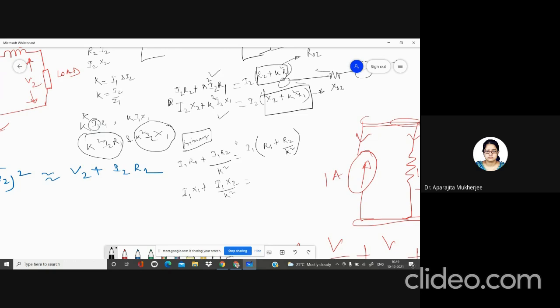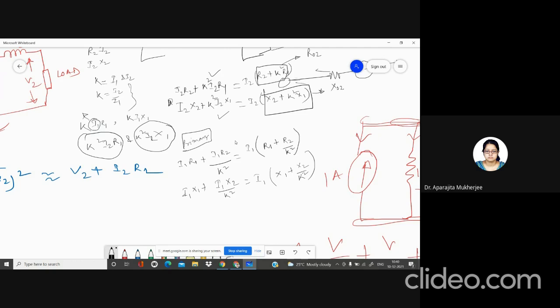Now why it is by k square, I think you can do it on your own. Okay, that is we will get it from this expression. And if we take common I1, you can write X1 plus X2 by k square.